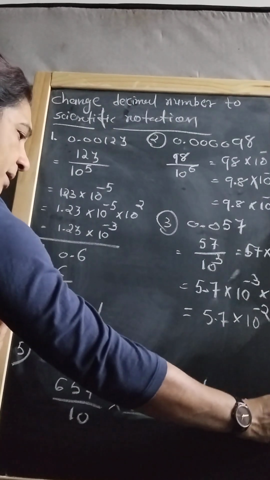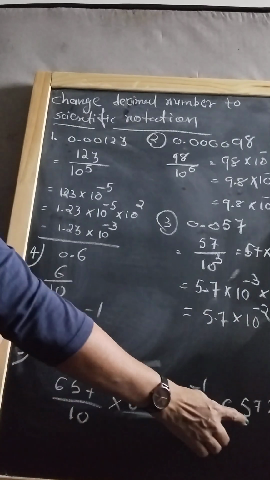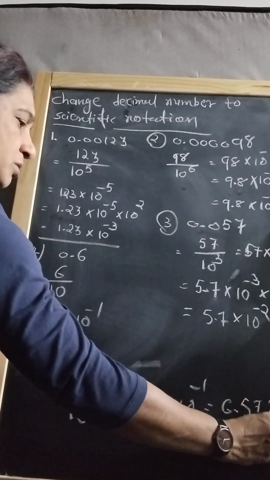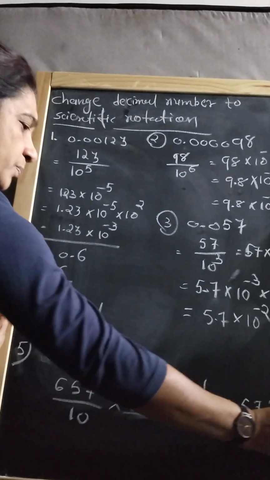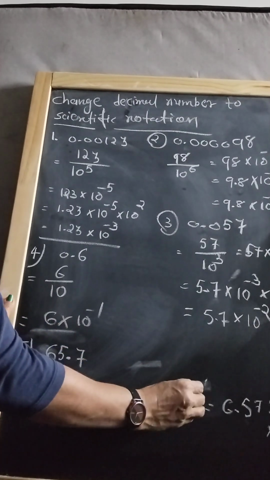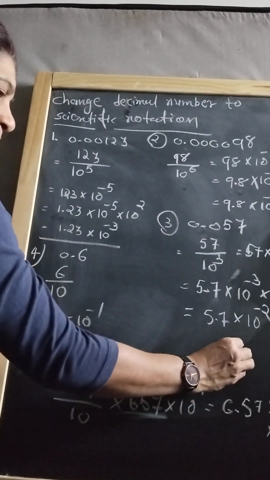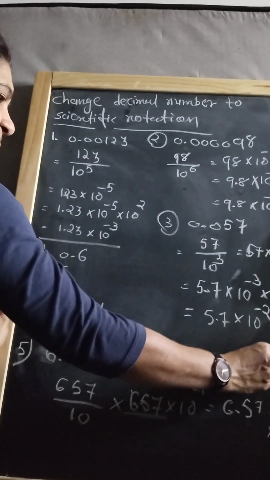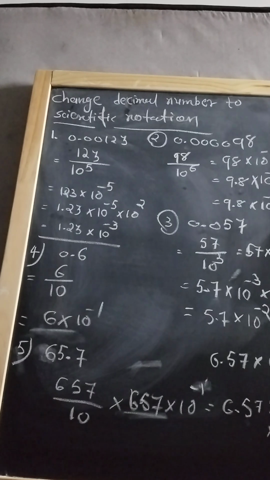So 6.57 times 10 to the power of negative 1 times 10 to the power of 2. Using the product rule of exponents, negative 1 plus 2, which is 1. So scientific notation should be 6.57 times 10 to the power of 1.